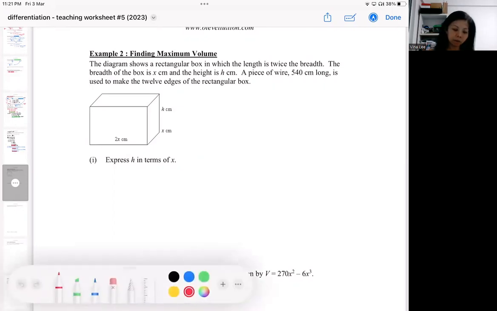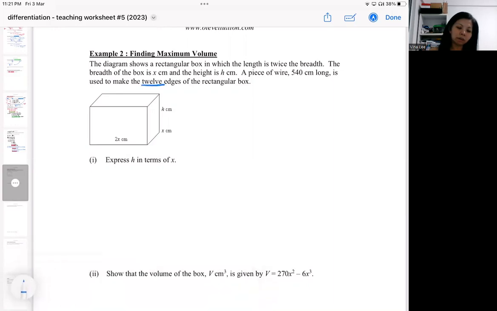Anyway, in this question, if you read the description, most people will have issues with the 12 edges. Most of you may be confused, where are the 12 edges of a rectangular box? If you have a tissue box around you, you can try looking for the 12 edges.